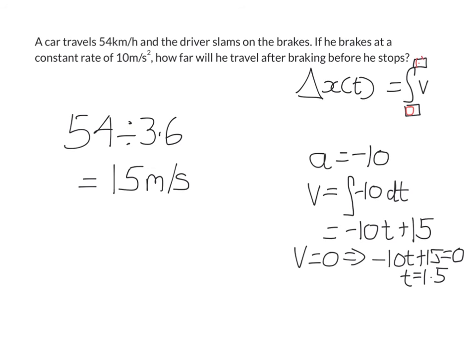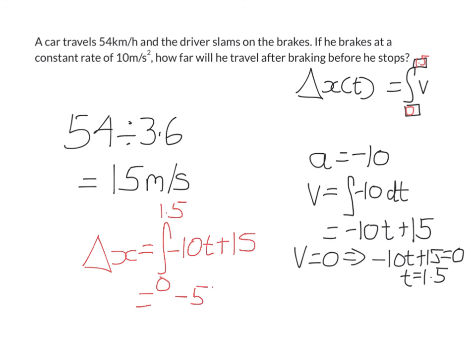So I'm finding the change in displacement between 0 and 1.5 seconds. So the change in displacement is just going to be the integral from 0 to 1.5 of my velocity function, which was minus 10t plus 15. So once again, we know how to integrate this. We're just going to increase the power by 1 and divide by the new power.